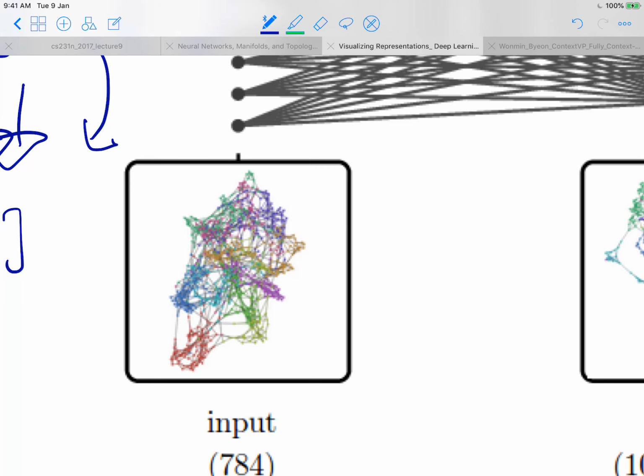Suppose we have 100 different digit images, and we apply dimension reduction to maximally preserve their pairwise distances. If they are close in the 784-dimensional space, we place them closely in the 2-dimensional space, and if they are far apart in the 784-dimensional space, we also put them far apart in the 2-dimensional space.